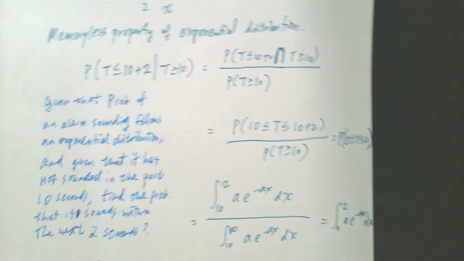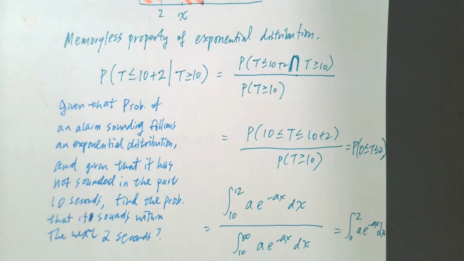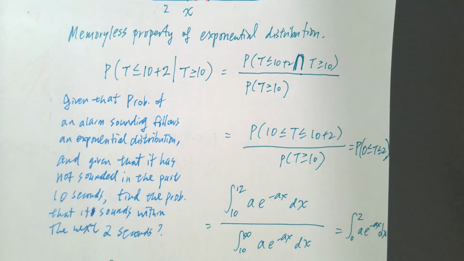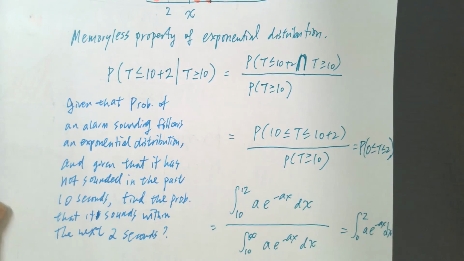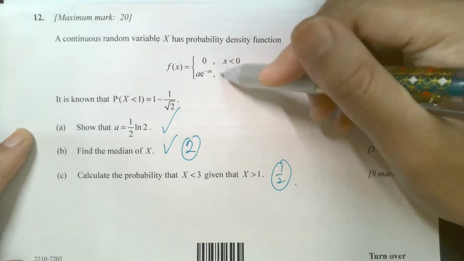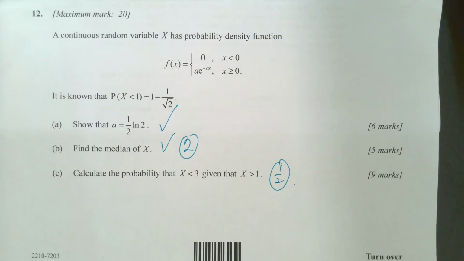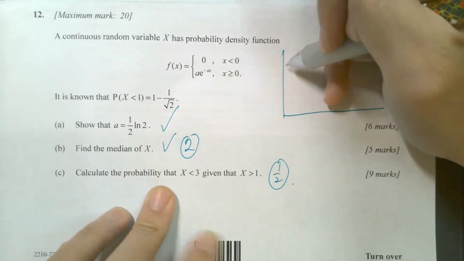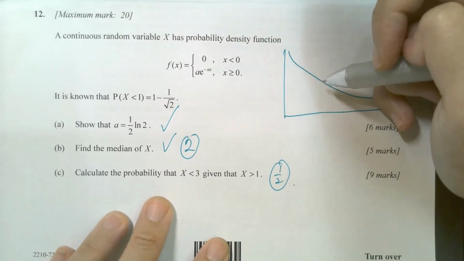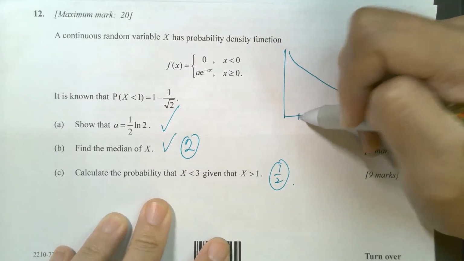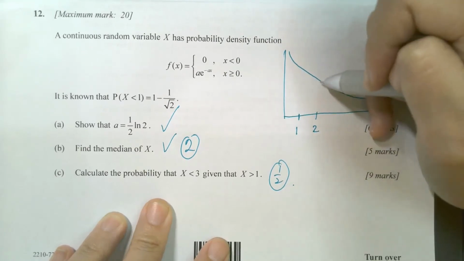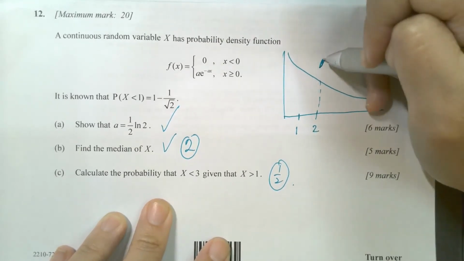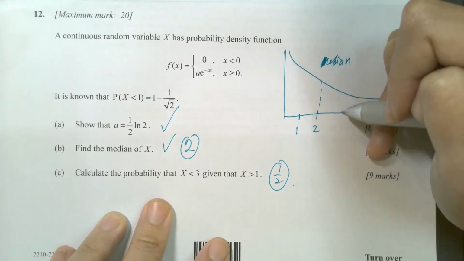So the only continuous random variable that has this memoryless property is the exponential distribution. Going back to our problem, this is an exponential distribution. Say x is 1 maybe here, 2 is here, this is the median, and then 3 is here.